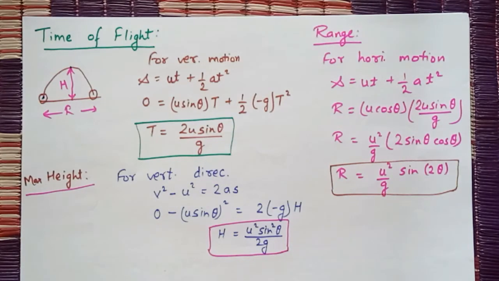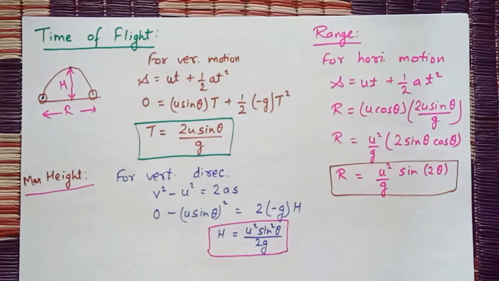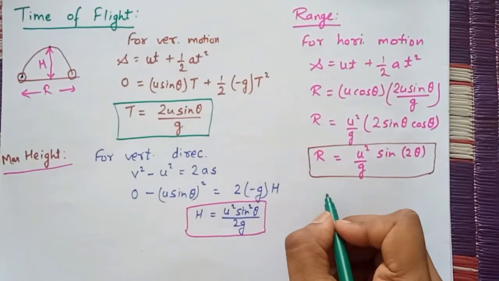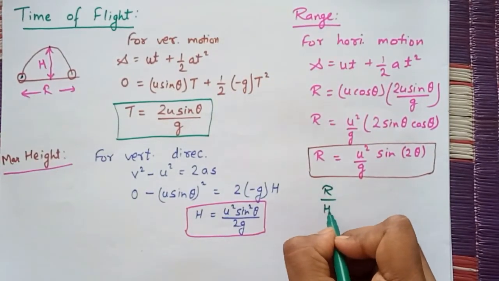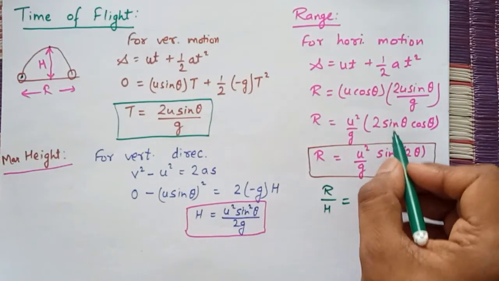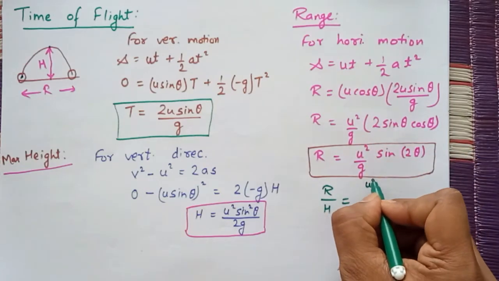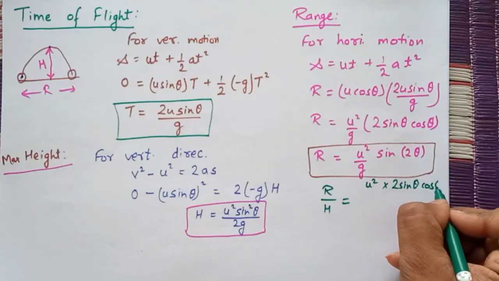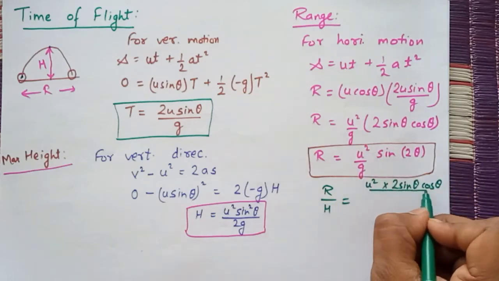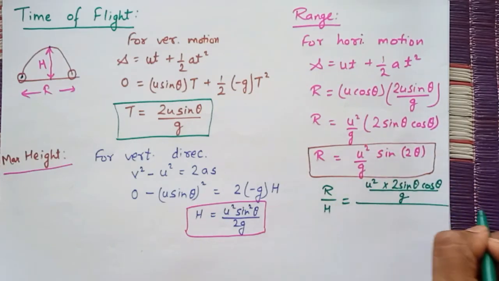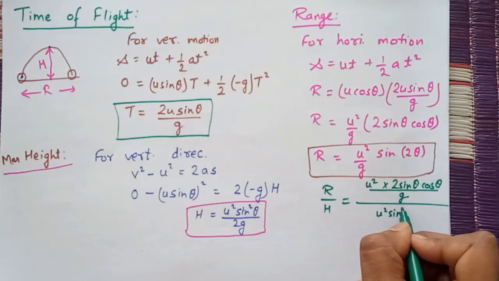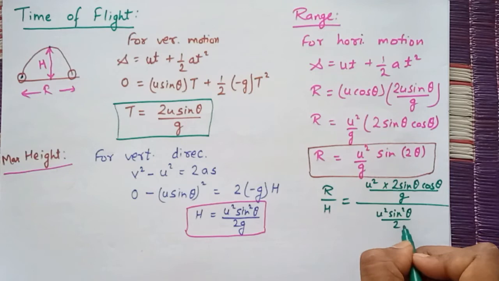We have to learn one result from here: if we divide R and H, I want to find the ratio of R and H. Putting the value, R was u square multiplied by 2 sine theta cos theta upon g. And what is H? H is u square sine square theta upon 2g.